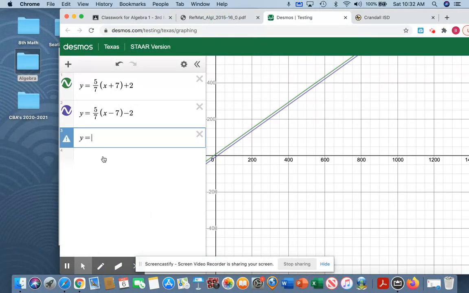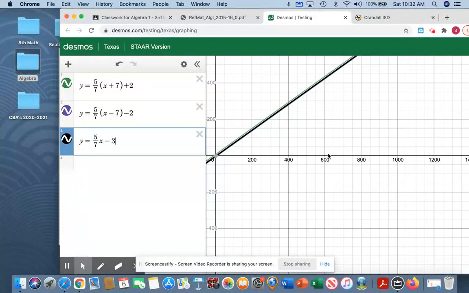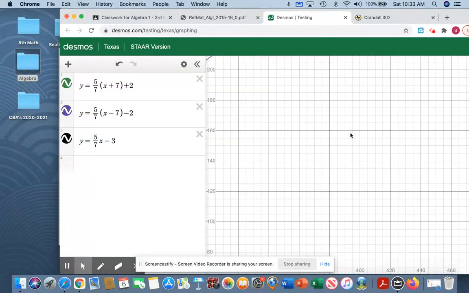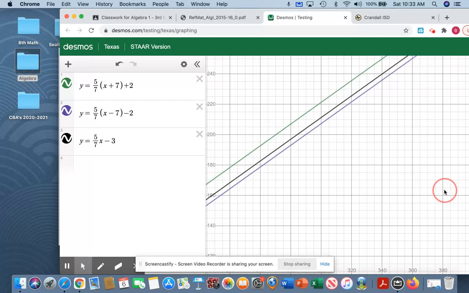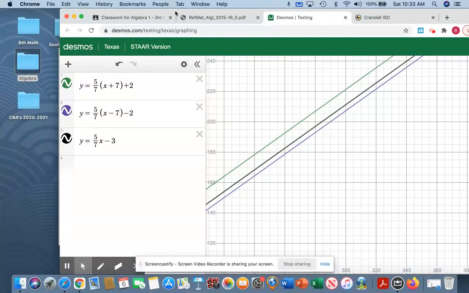So y equals 5 divided by 7, x minus 3. So notice when I zoom, what did I do?